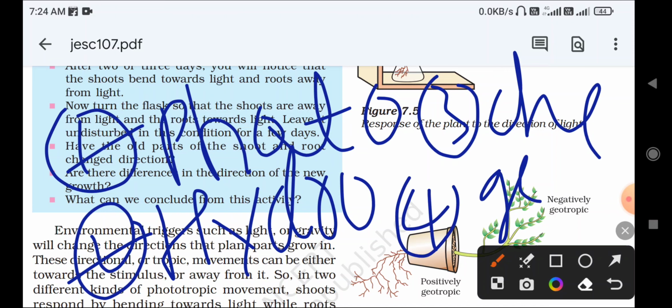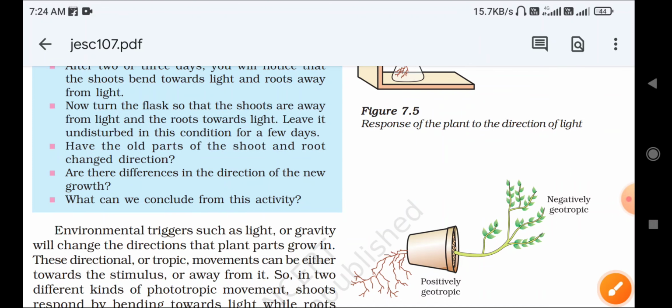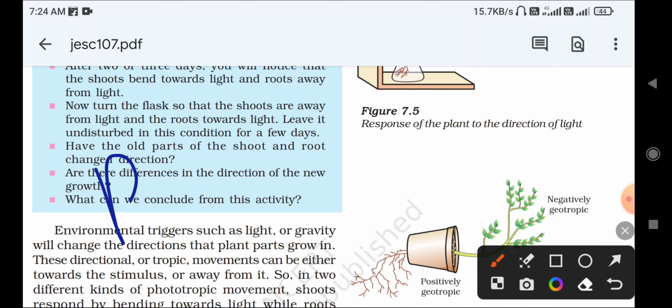You can write any order, however you remember them. So phototropic movement, hydrotropic movement, geotropic movement, and chemotropic movement. These are the four tropic movements. And what is a tropic movement? When the plant grows in a particular direction, it is called a tropic movement.